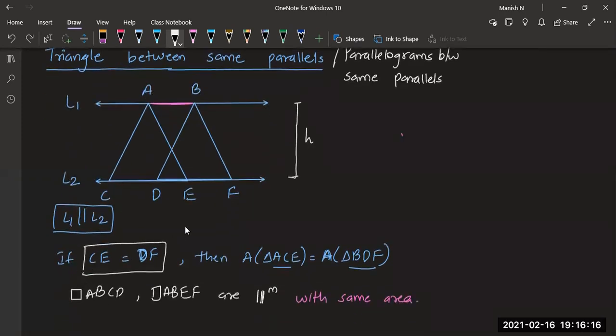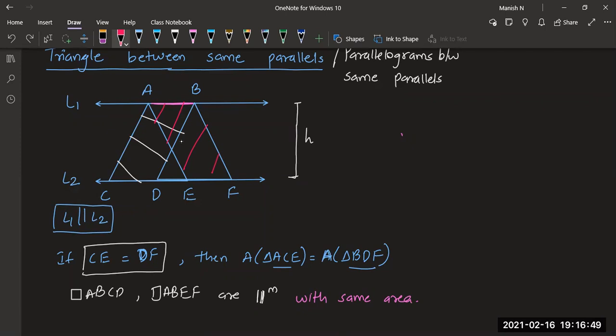Similarly, if you draw parallelograms between these two parallels, that is quadrilateral ABCD and quadrilateral ABEF, as you can spot in the diagram, these both will also have equal area because they are between the same parallels L1 and L2, so their heights are the same, and they are drawn with the same base, that is, they have a common base AB.